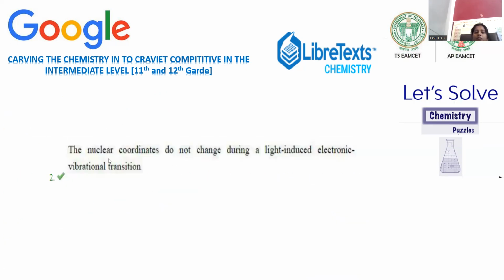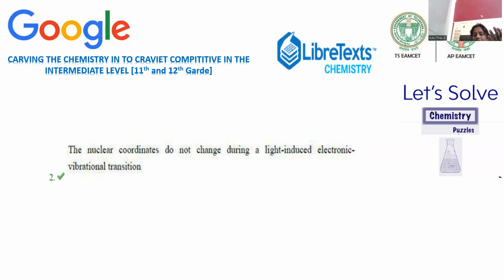According to them, the nuclear coordinates, meaning the different dimensions we have, may not change whenever the molecule undergoes electronic and vibrational transitions due to the induction of light. Whenever a molecule is irradiated with light, it participates in electronic and vibrational transitions.